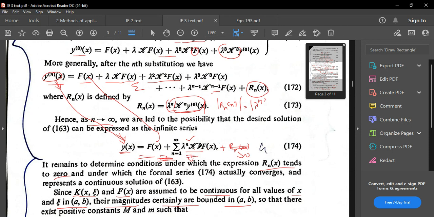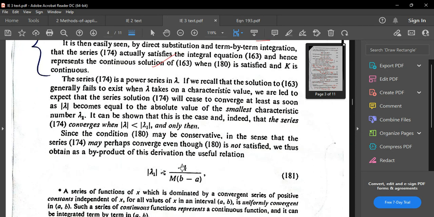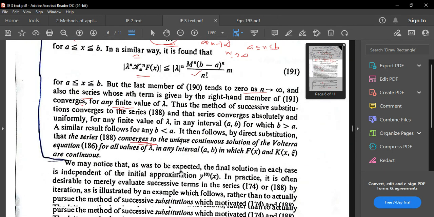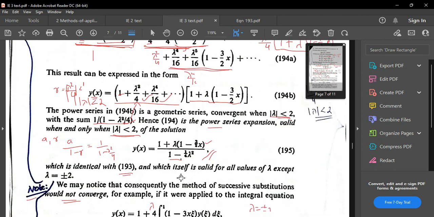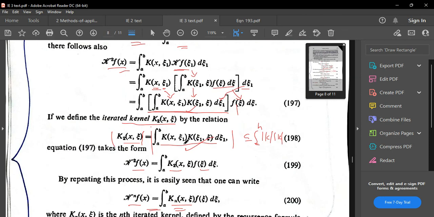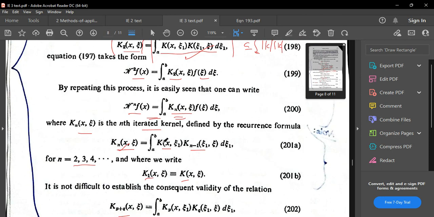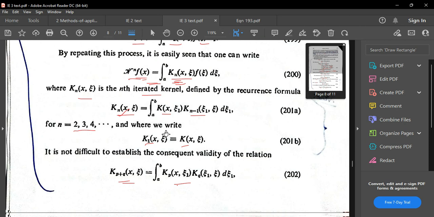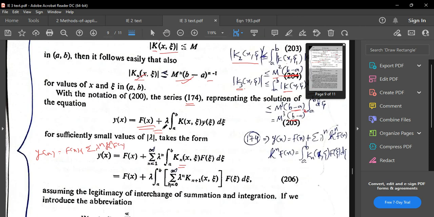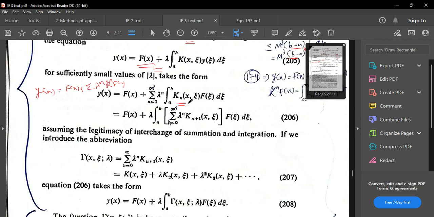This Kn we have defined in a new way here. So in the new notation, it will become this format. This Kn of f of x is equal to this format, and this new format will be this one.